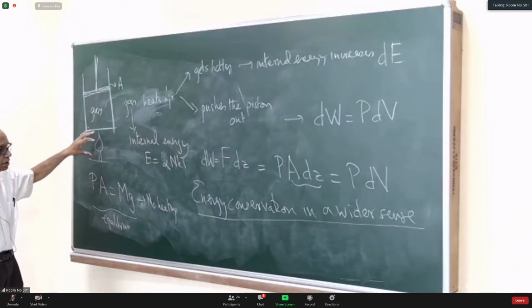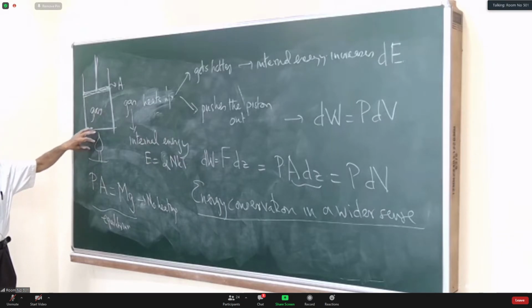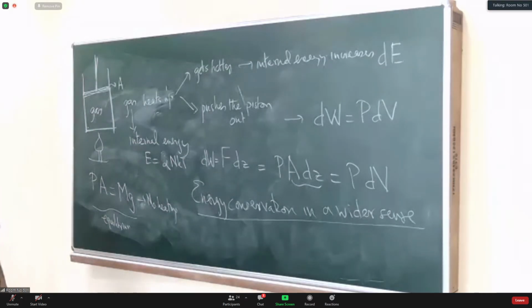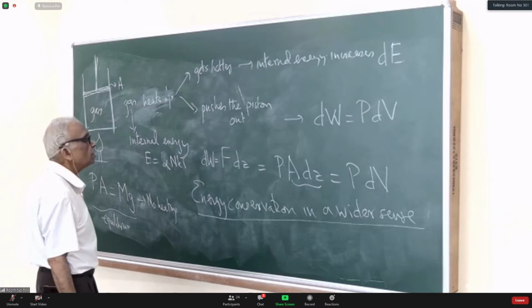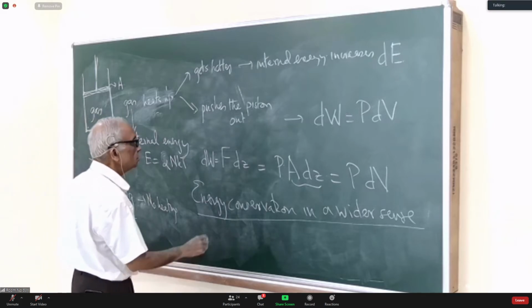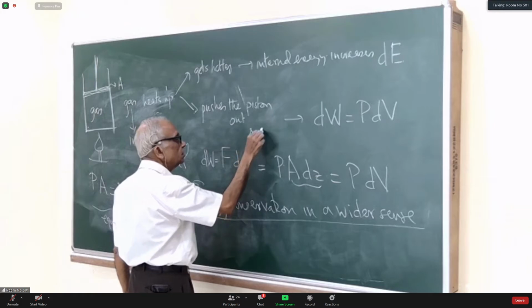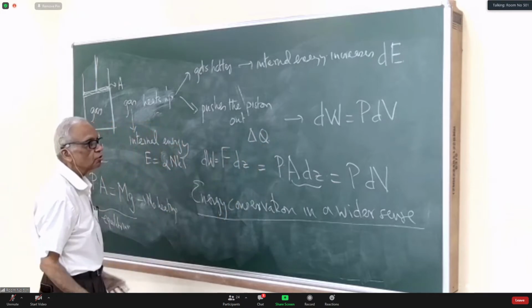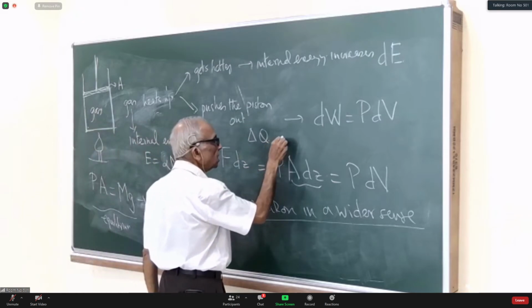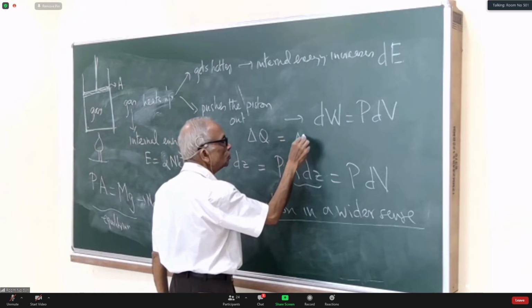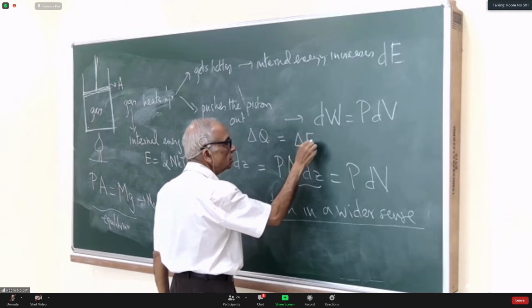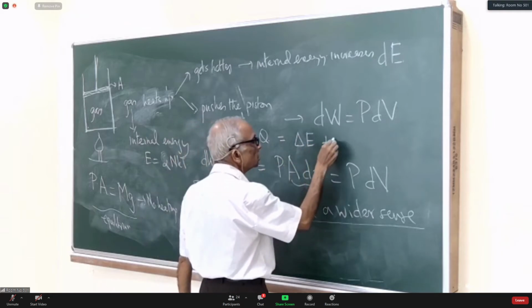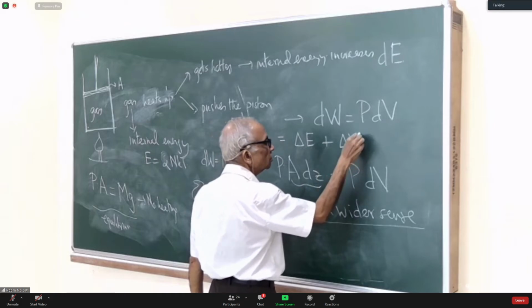Whatever energy came out of here, whatever so-called heat was given to the system, if the amount of heat is delta Q, that is the amount of heat energy which has gone into the system, then that has to be equal to the amount of mechanical energy change plus the amount of work done.